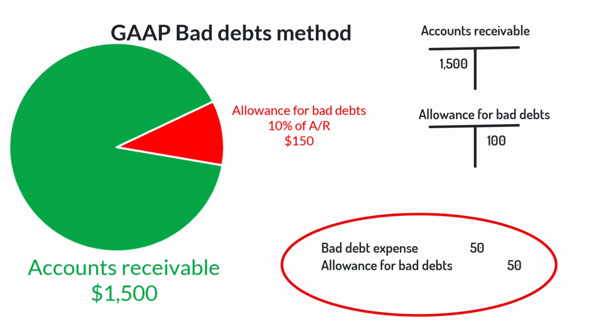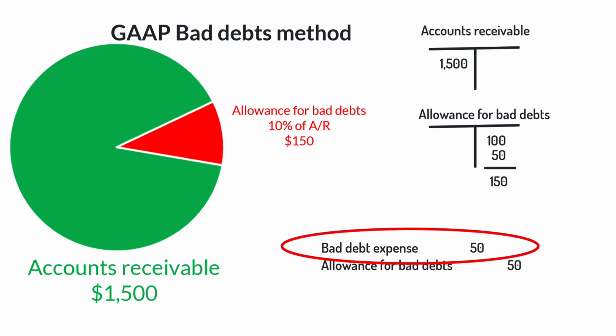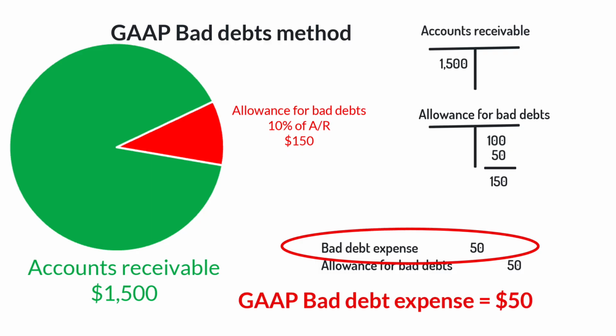The journal entry that will accomplish this is a credit to allowance for bad debts of $50 and a bad debt expense of $50. When we post this journal entry, we're now going to have a balance in the allowance for bad debts of $150. Our bad debt expense for books, though, is $50. Under GAAP, the bad debt expense pretty much turns out to be a plug number that will make the allowance for bad debts work.